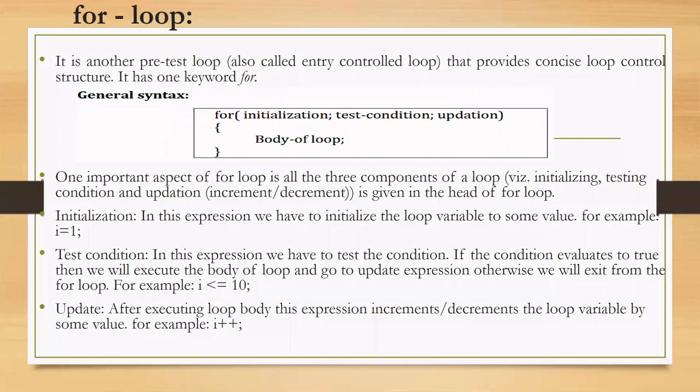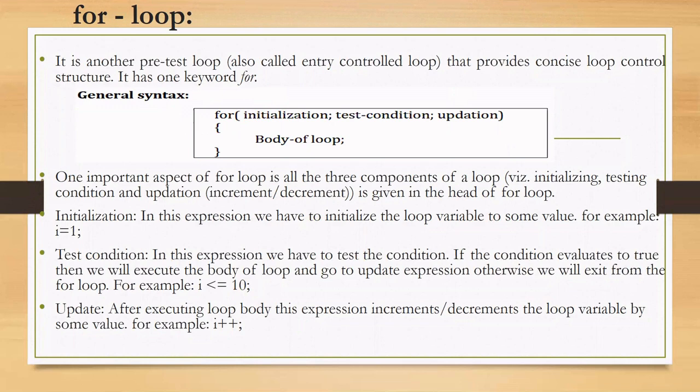Next we'll go to one more loop, the for loop, which is another pre-test loop. In order to execute for, first the condition is tested. It provides a loop control structure and has one keyword called for. The general syntax is as shown here.